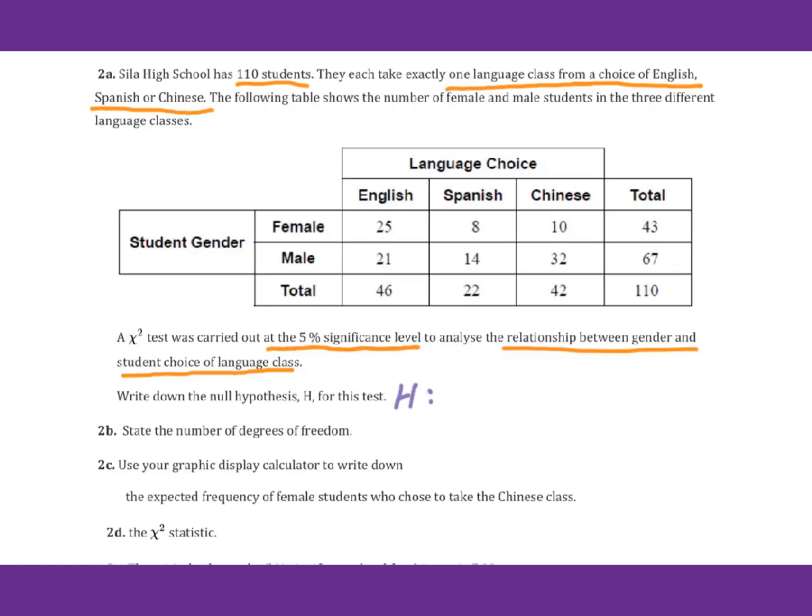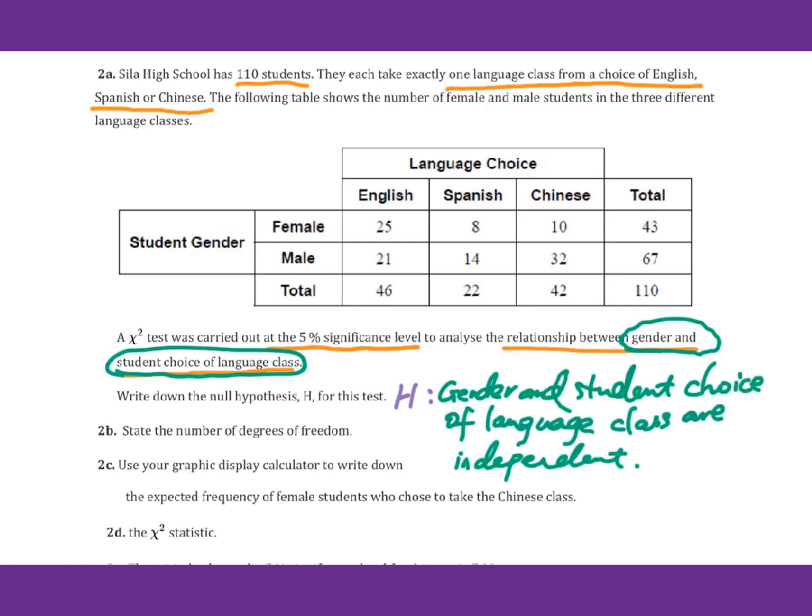So H will be gender and student choice of language class are independent. For 2B, state the number of degrees of freedom. Degree of freedom equals column minus 1 and then times rows minus 1.